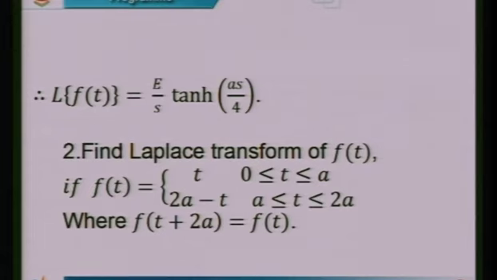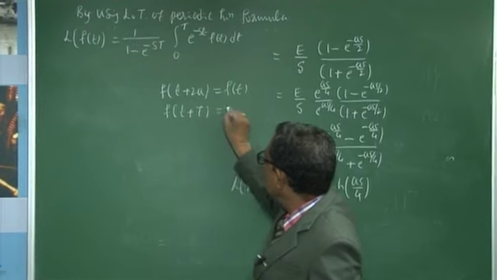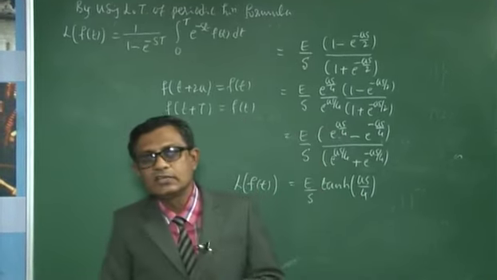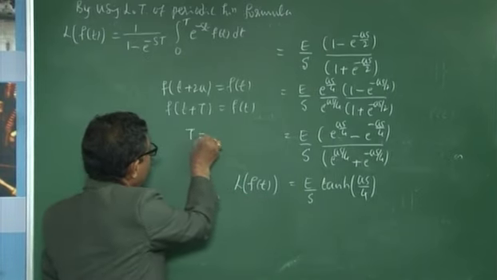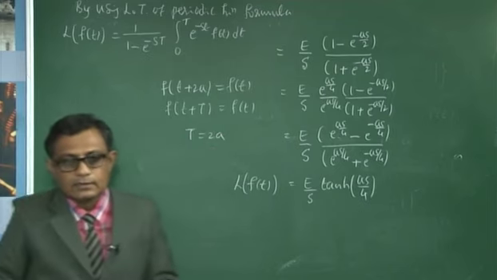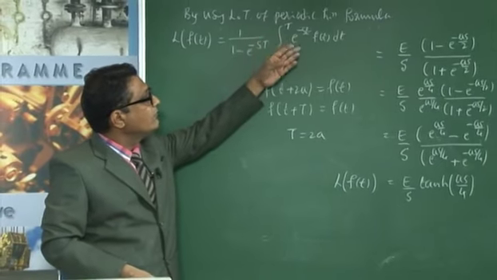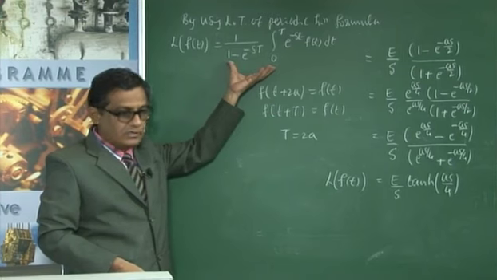It is clearly given f of t plus capital T is f of t. That means given function is a periodic function with period capital T equal to 2a. Then you have to use the Laplace transform of periodic function formula.